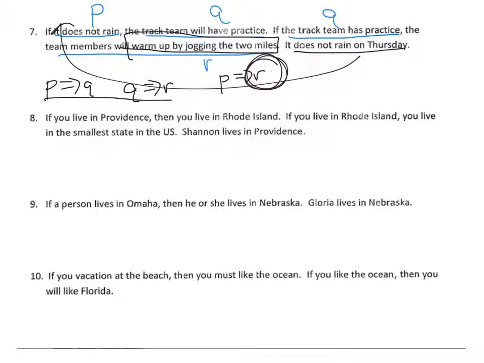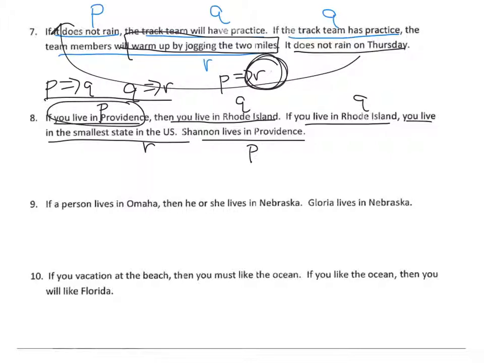Number 8, if you live in Providence, P, then you live in Rhode Island, Q. If you live in Rhode Island, Q, you live in the smallest state in the U.S. That's new, that's R. Shannon lives in Providence. That matches up with you live in Providence. So again, you have P implies Q is true, Q implies R is true, and you're given that P is true. So that means that R must be true.